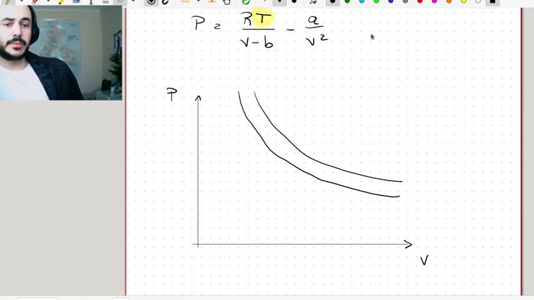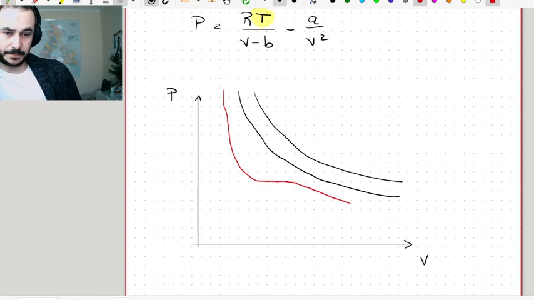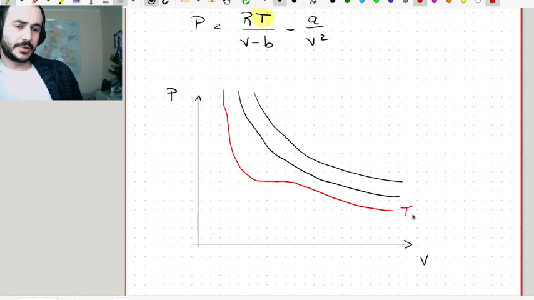But if we keep reducing the temperature sufficiently, there will be a point where we will get something like this as an isotherm. Okay, so this isotherm is looking almost non-monotonic, and the corresponding temperature here we're going to call Tc, for reasons that will be clear later. So the temperatures above that are T larger than Tc.